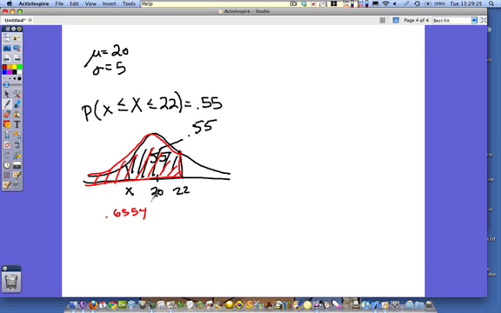Here's the thing. All I really want is this area right here. Let's outline that in blue. This is the area I really want.